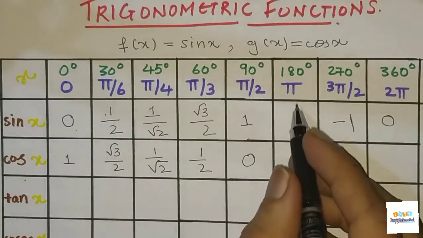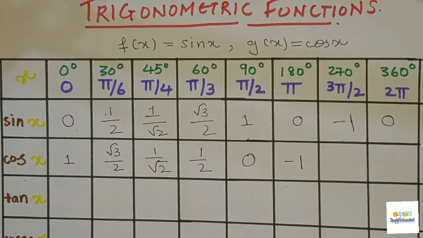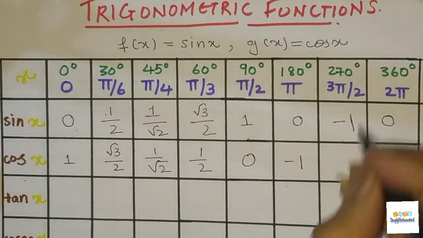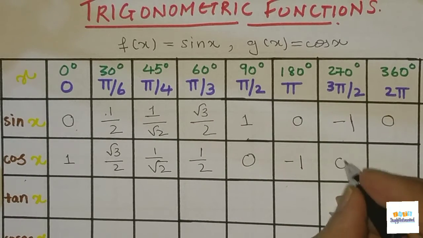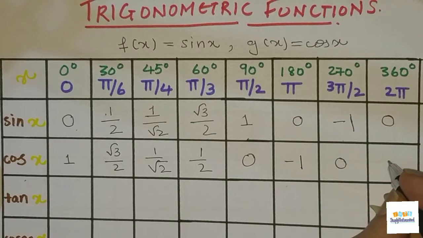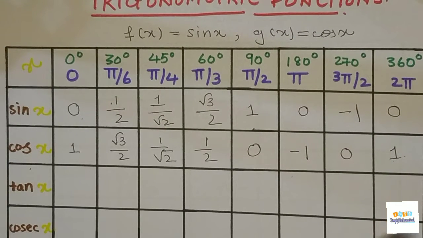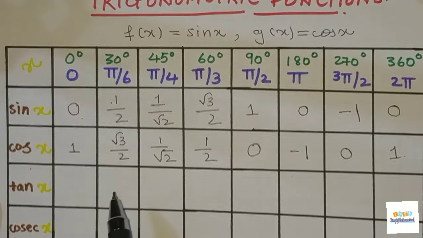Now cos of 180 is minus 1, then cos of 270 is 0, then cos of 360 is 1.